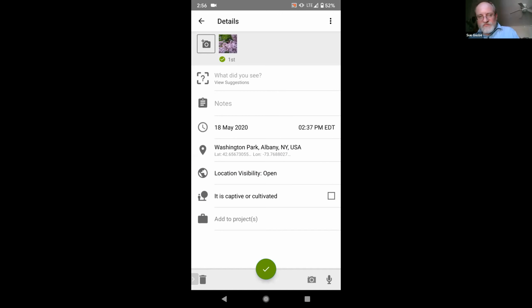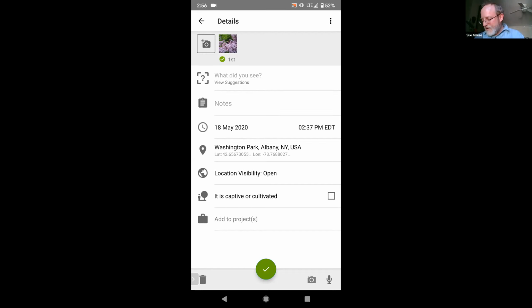So I click on what did you see, and here's where the magic starts. iNaturalist has an artificial intelligence-based identification tool that looks through all its huge database of photos and tries to find photos with the species identified with similar characteristics to the one that you're submitting.